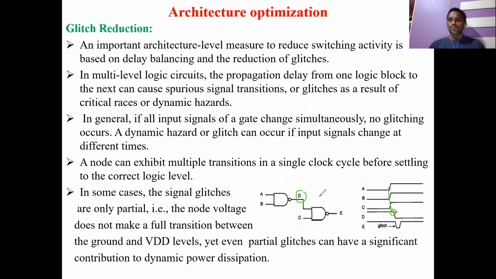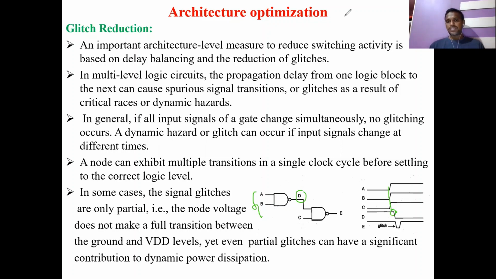Already A and B are applied, and the output D will be one input for the second NAND gate, while C is applied at the same time as A and B.